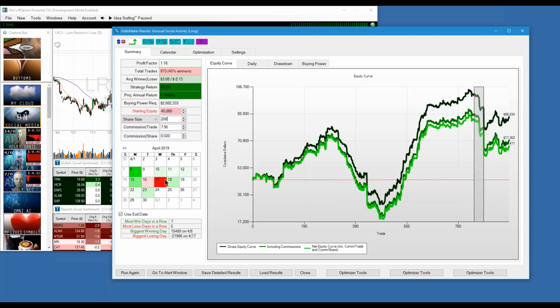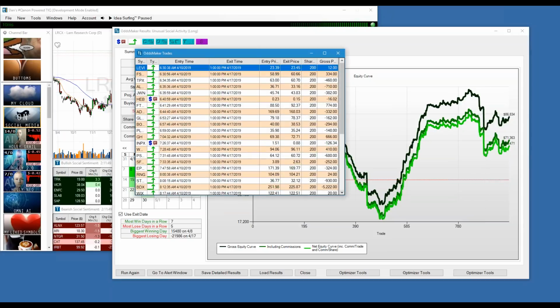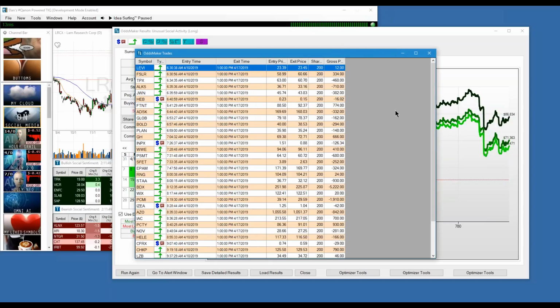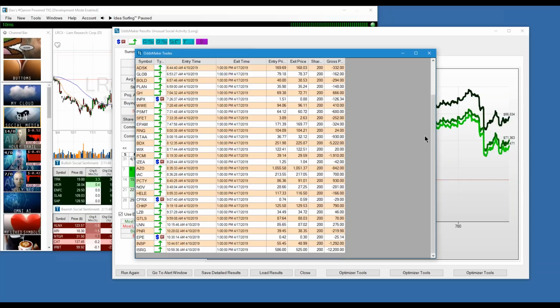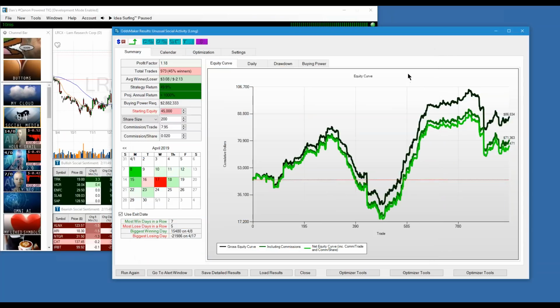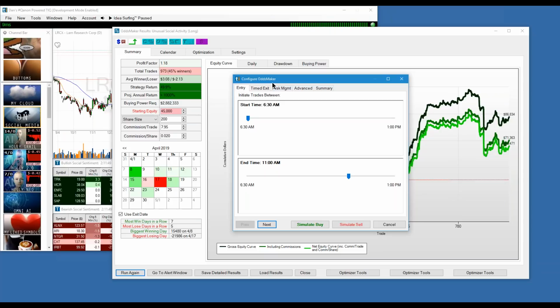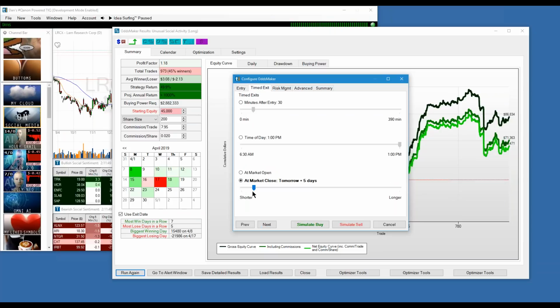So you can see also, this is the beauty of the calendar days, right? You can see what happened, which trades, like if I go here, you can see which things didn't work and why. The advantage of what we're doing here is the speed, the fact that you can go back here and say run again, and let's say timed exit, and you can say, well, what if I held it 2 days?